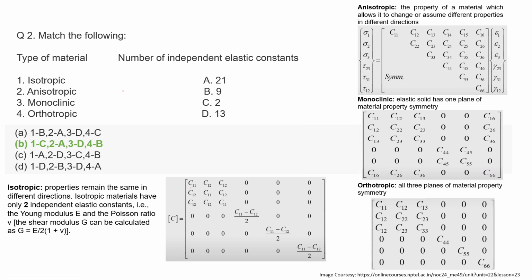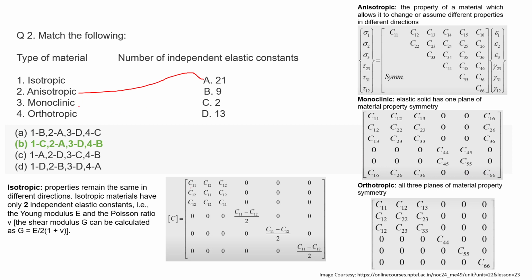Okay, so from that we can match all our options. It is easier for you to remember the number of independent elastic constants with respect to what type of system we are talking about. There are stages in which the number of independent constants decreases. First comes anisotropic, which will have 21 independent constants.